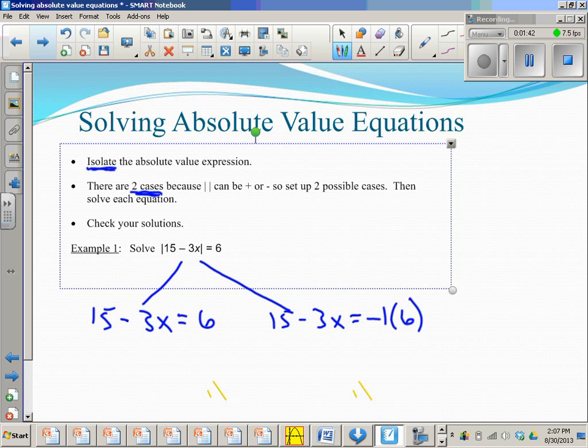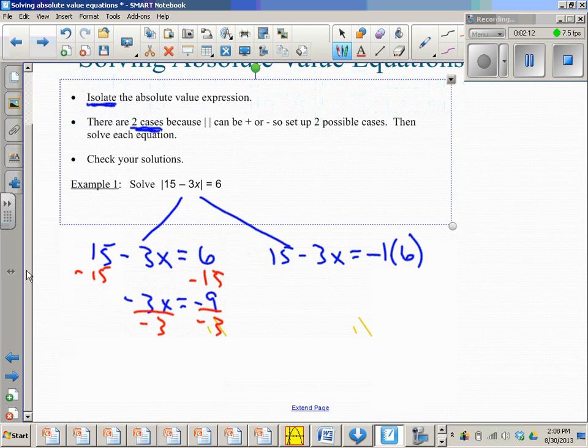Now we just solve like we have been. Subtract 15 on both sides. -3x equals -9. If we divide by -3 on both sides, x equals +3.